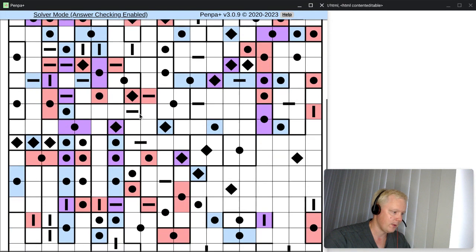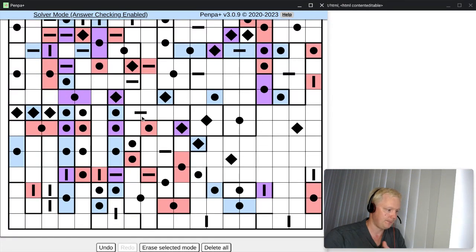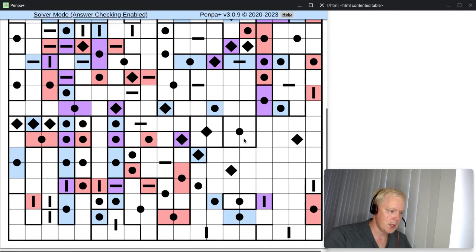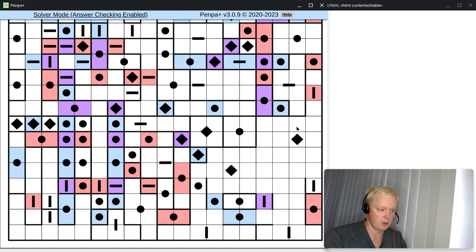Now we only have this bottom right to fill. And where do we start with the bottom right then? Let's see. What about this cell here? Can it be part of anything else except this diamond, which looks very suspiciously part of it, right? Can't be part of this.